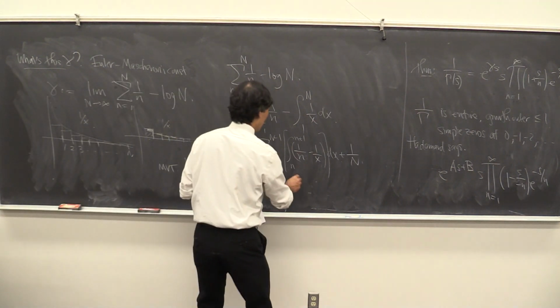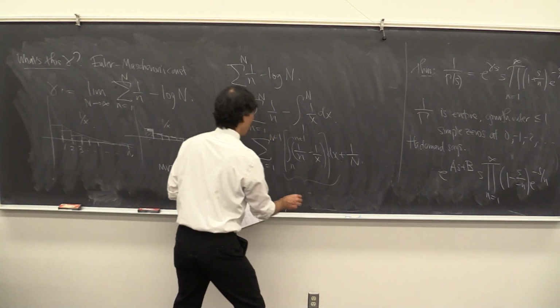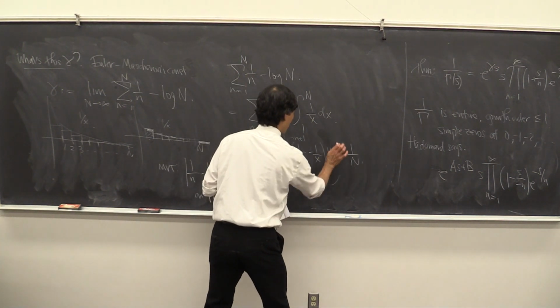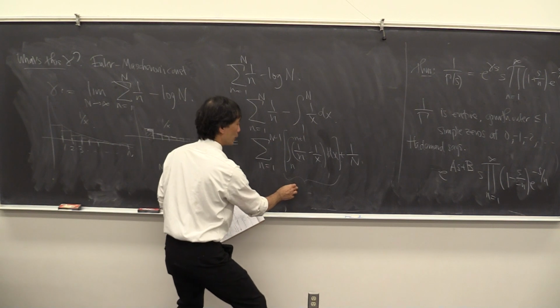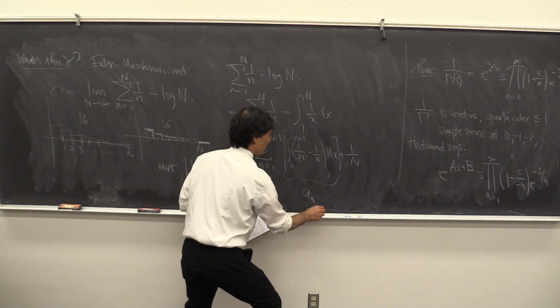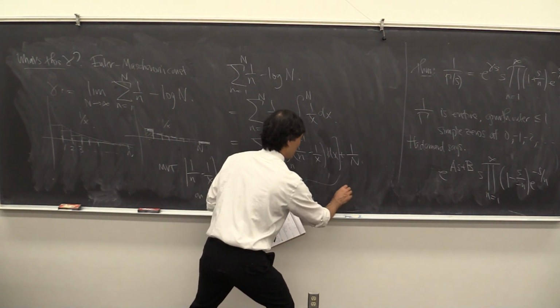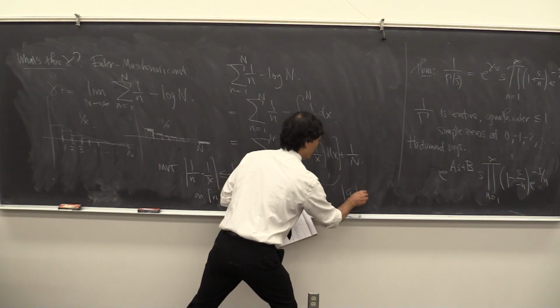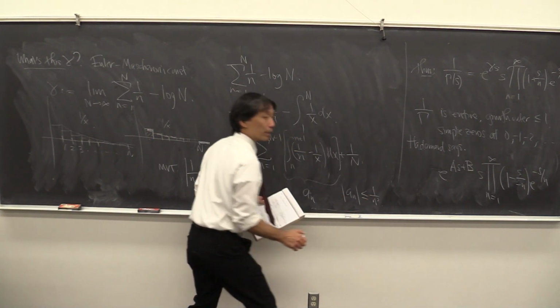So these terms, let's call them a sub n, have size smaller than 1 over n squared.